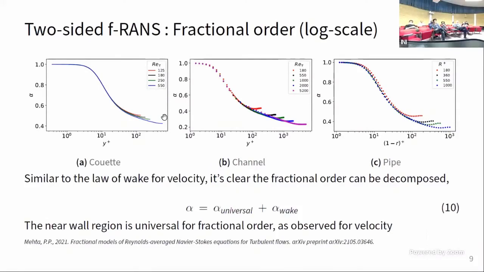The reason I want to talk about this is that when we talk about velocity, we also have a similar discussion to be made, that is the law of the wake. I can make it for the fractional order as well.